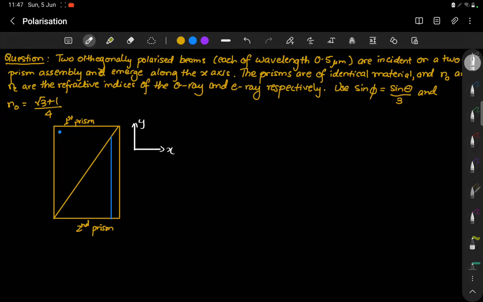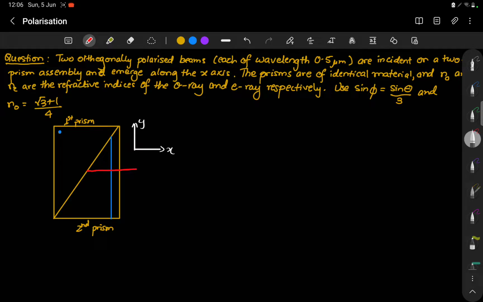Then we have two orthogonally polarized beams. Let me choose different colors for the beams and draw the two rays. There will be two rays, two orthogonally polarized beams, but both of them would finally exit along the x-axis. That is what it has been written.